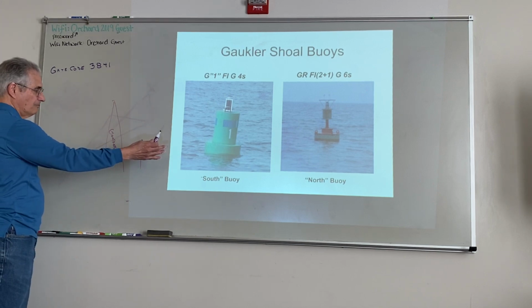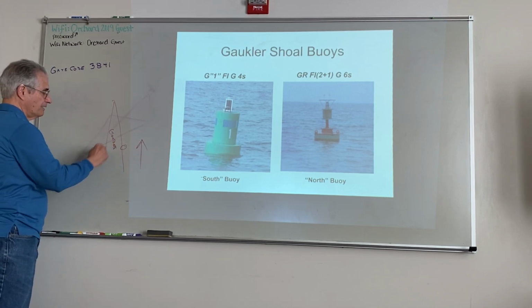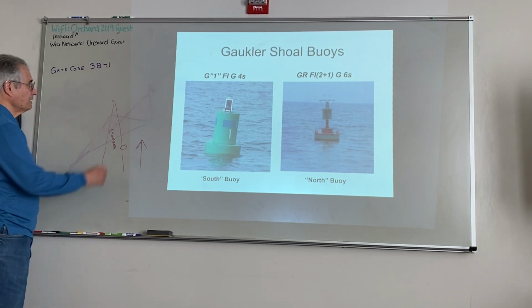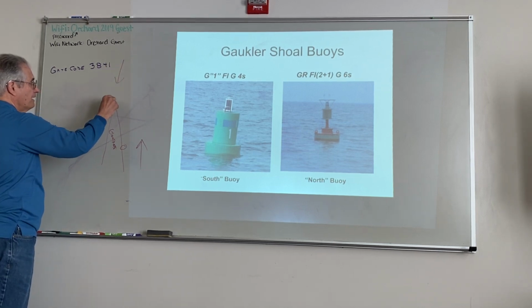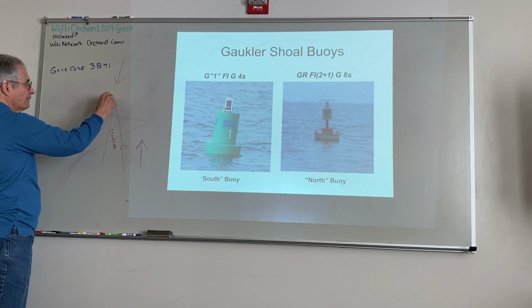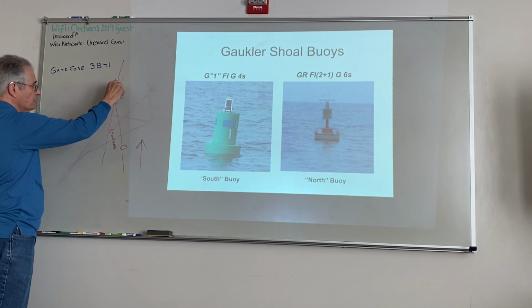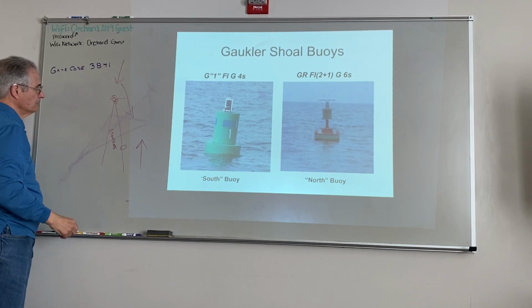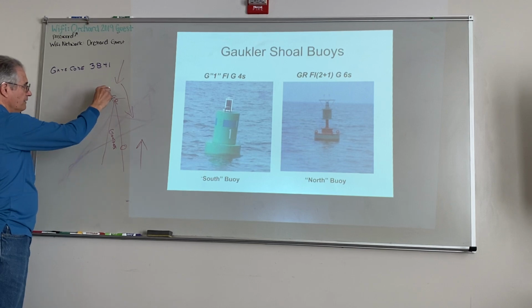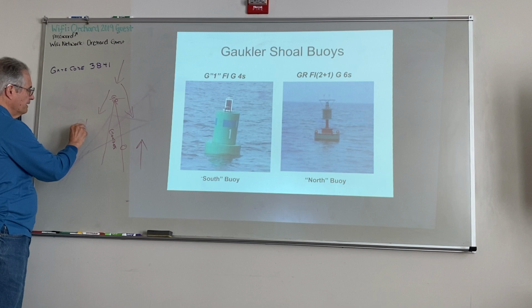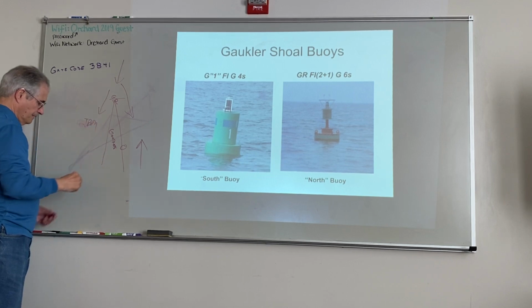Red right returning, green is on the port side returning. That makes sense. And if you're coming south, you've got green and then red, right? So green's the primary, which means this is the primary channel heading out, and this is the secondary channel which goes to JBM.